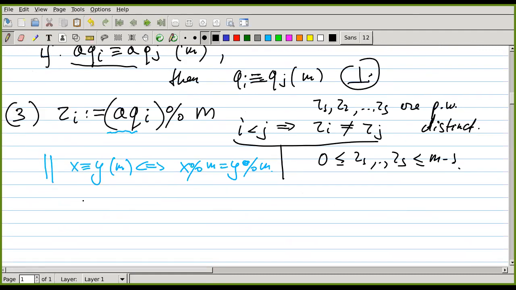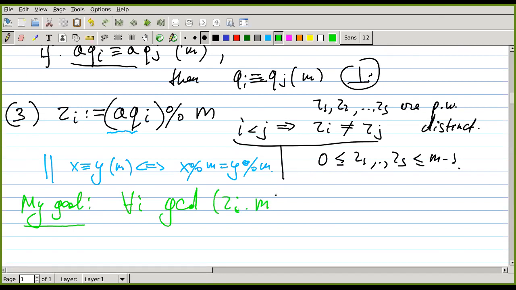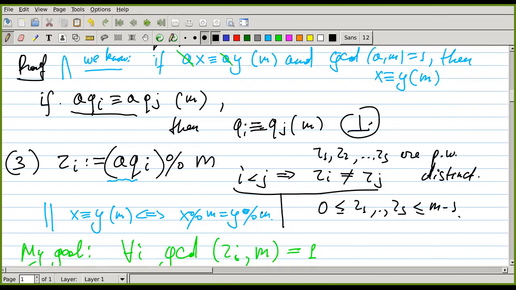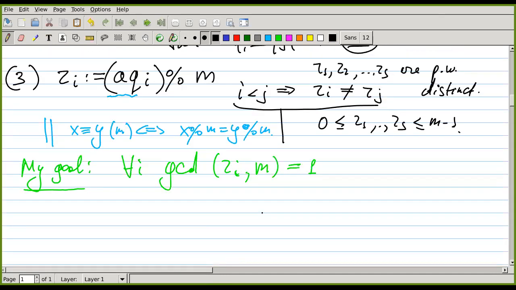Is it clear? Yes, I think. My next goal would be as follows. I want to show that these remainders are co-prime with m. Every remainder is also co-prime with m, as the Q's are, the R's are also co-prime.